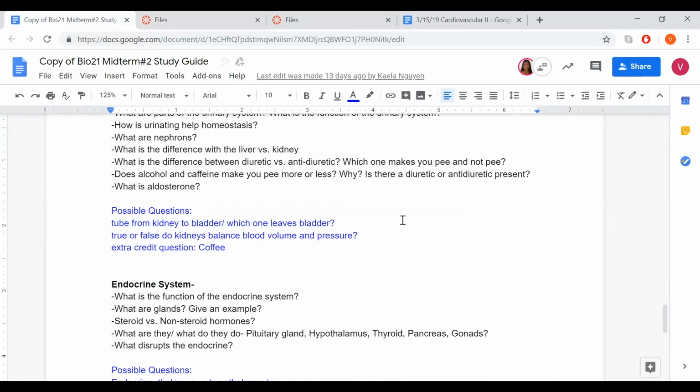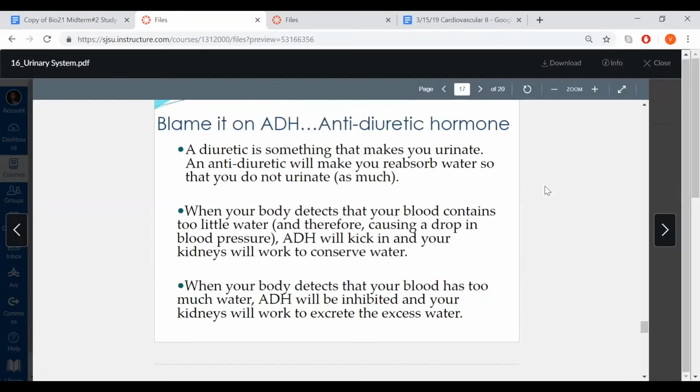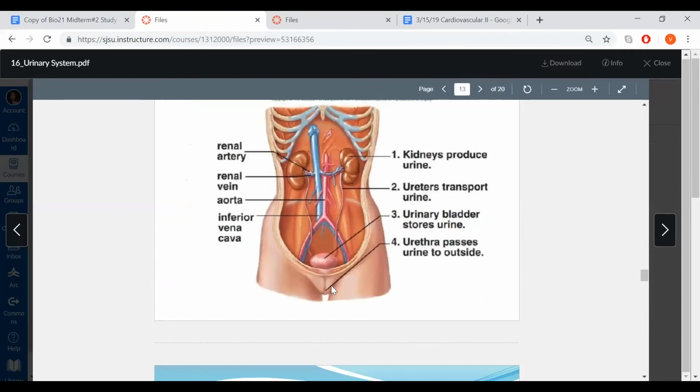So the tube from the kidney to the bladder, which one leaves the bladder? The tube from the kidney to the bladder is the ureters. And then which one leaves the bladder? That is the urethra. So it's like which tubes go into the bladder and which one leaves it.